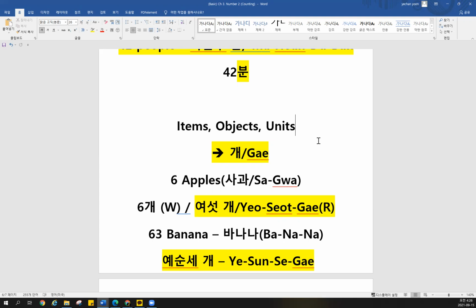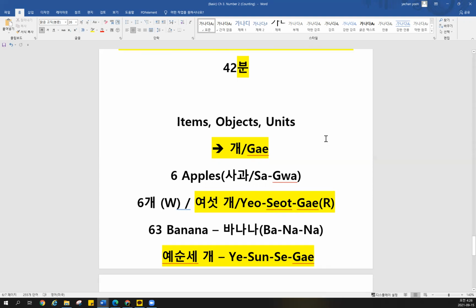Then how can you say 63 bananas? 63개. 예순 is the 60. We already learned it before. 63개. 3 has a changing form. So it's gonna be banana 63개.